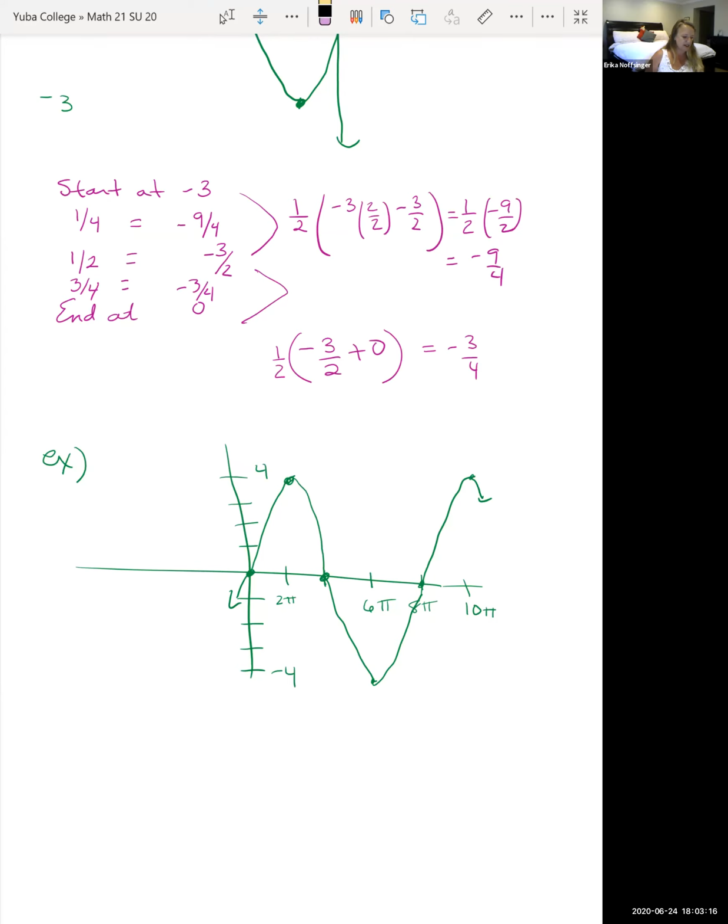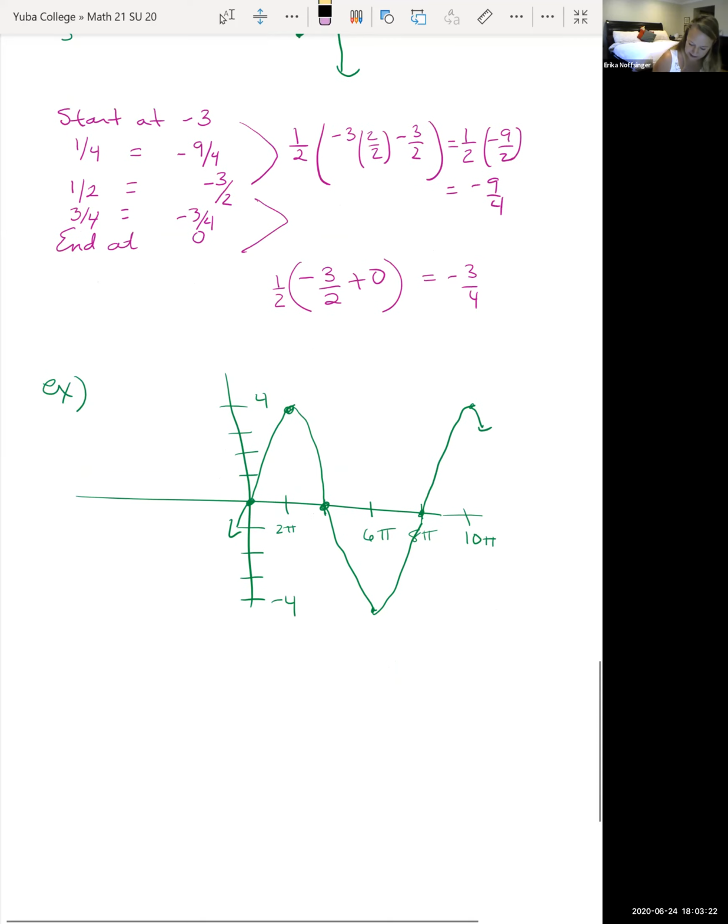So you're given the graph. You might be given more than one period. The graph is given. Now find the equation. Remember we talked about these being sinusoidal curves, and I didn't even know if I pronounced it right. Technically, these graphs could be written in terms of sine or cosine.